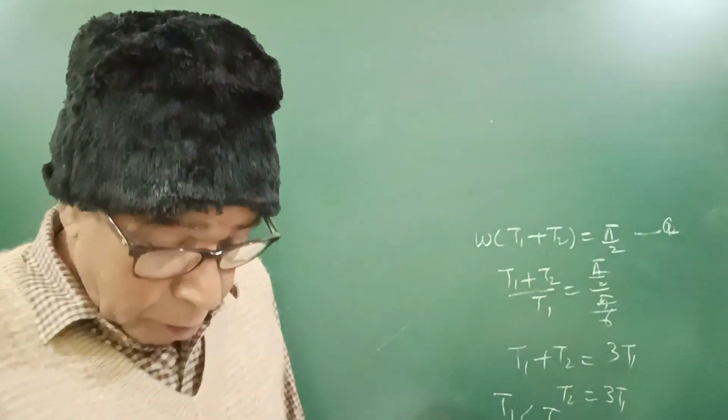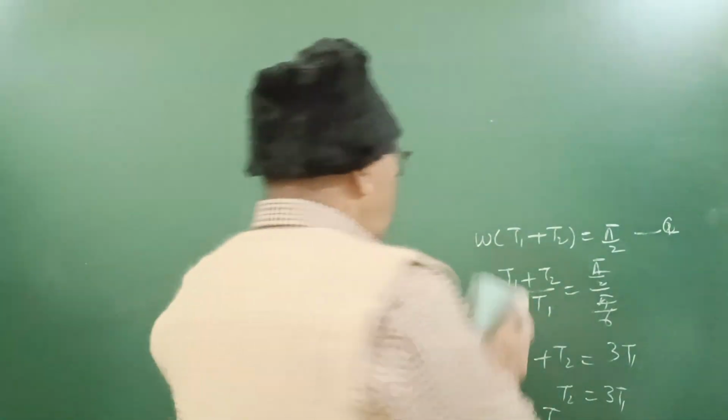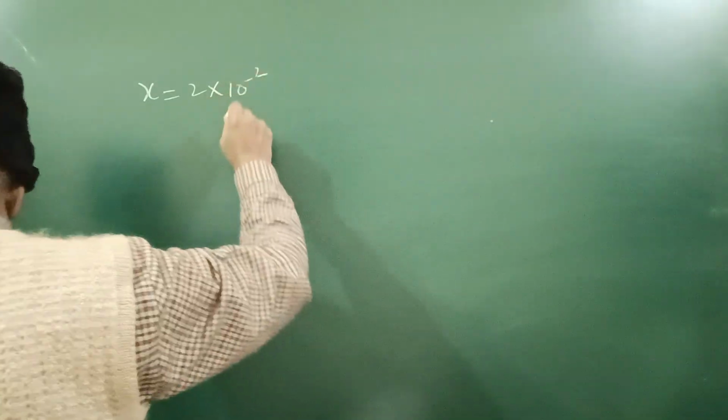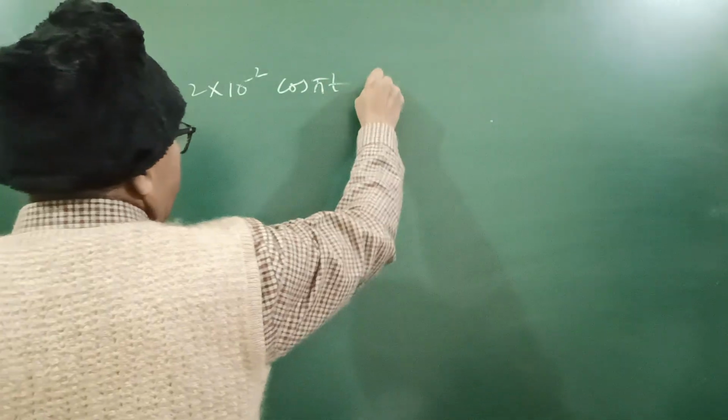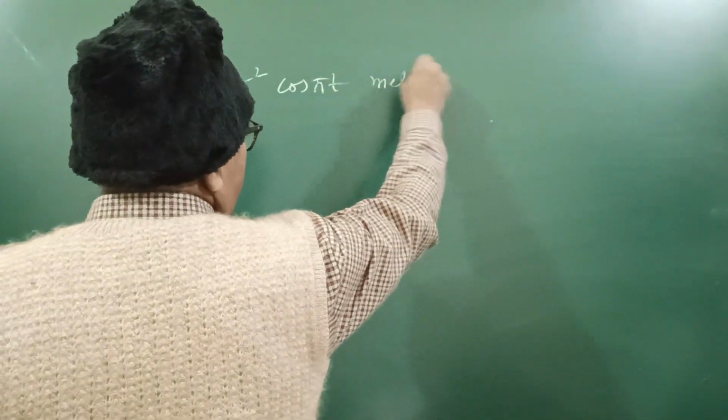These questions are important for students appearing for entrance exams, whether it is NEET or AIEEE, advanced and basic, whichever it is. Displacement of an object attached to a spring executing SHM is given by x equal to 2 into 10 to the power minus 2 cos pi t, in meter.